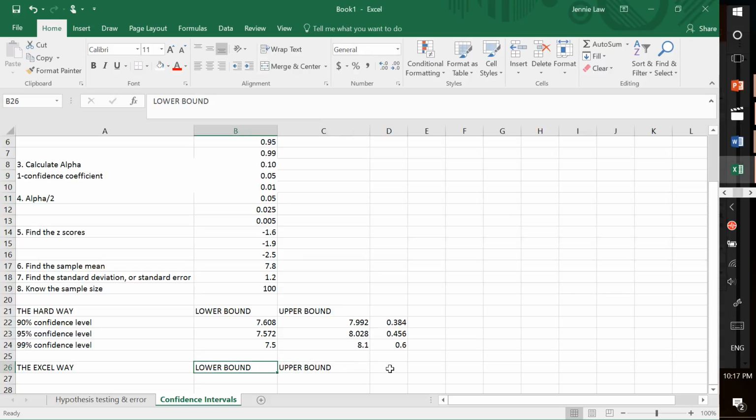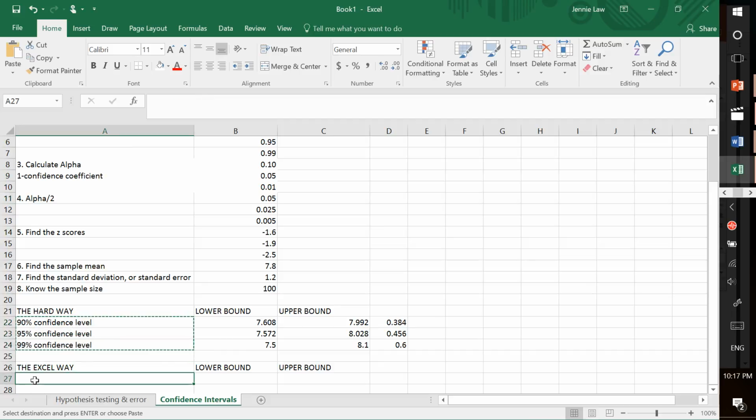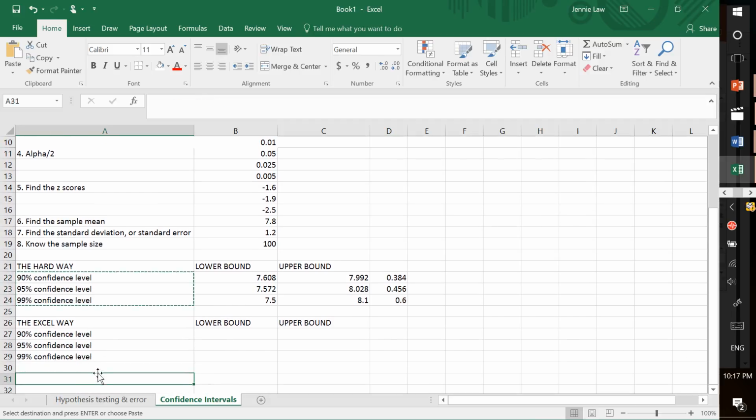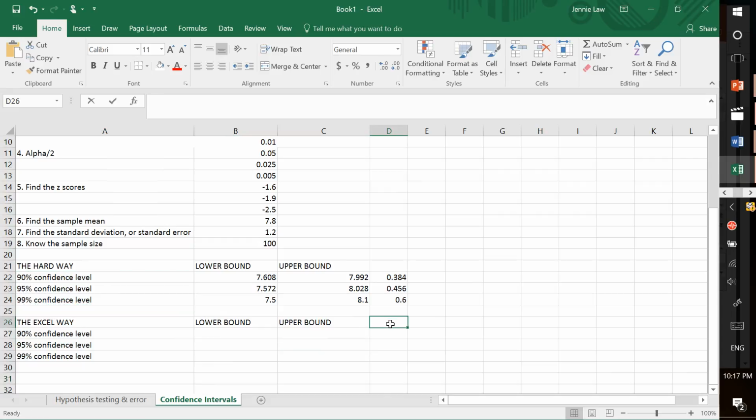So with 90%, 95%, and 99%, we're going to have these values that we get from Excel that are equal to the z that we found multiplied by s divided by the square root of n. And we're going to add and subtract that to our mean.